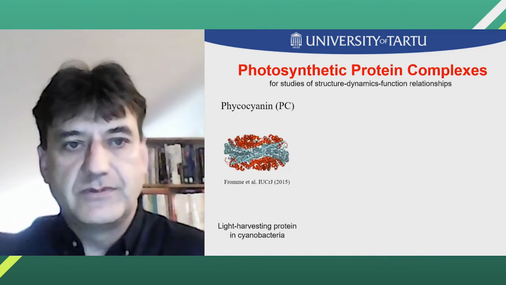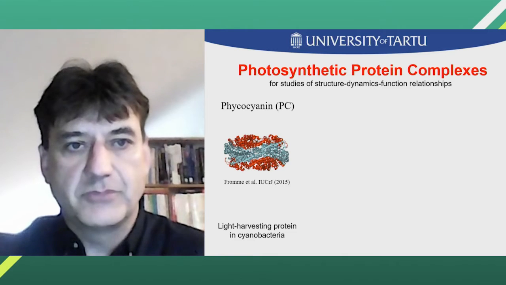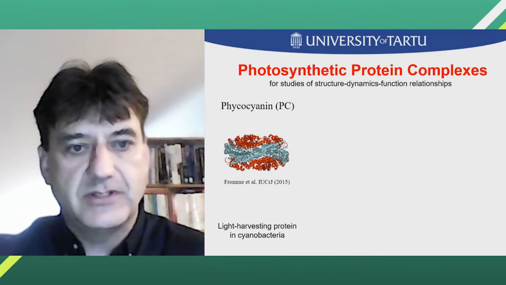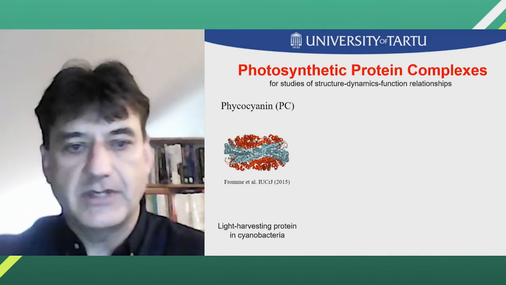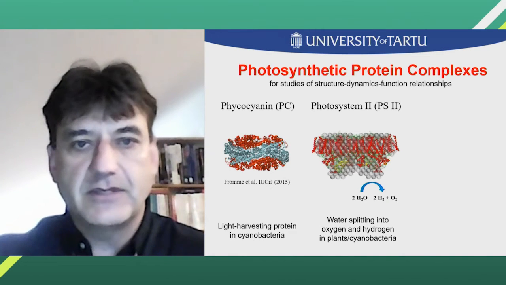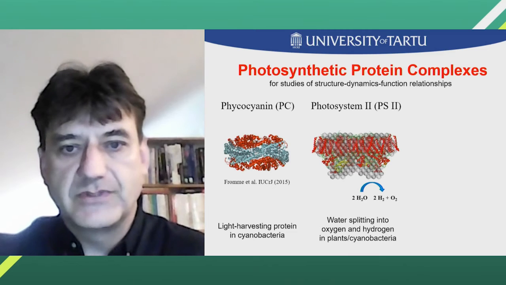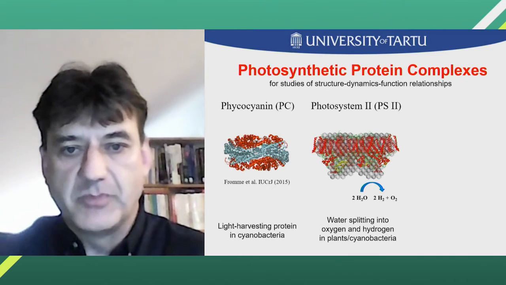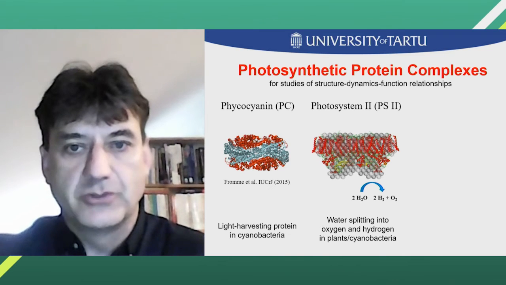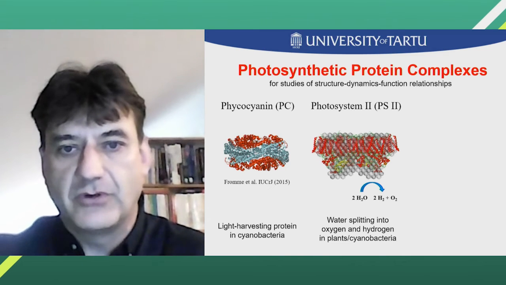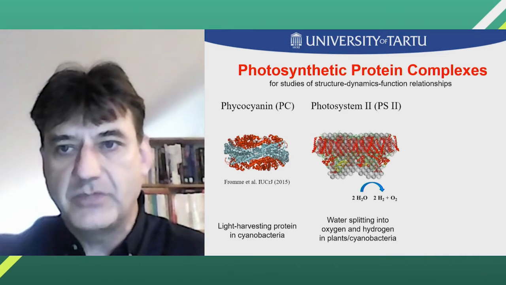To introduce the sample systems to you, the first is a protein called Phycocyanin, this nicely donut-shaped structure that you see here, which is a light-harvesting protein in cyanobacteria. The second is so-called photosystem II, which is capable of splitting water into hydrogen and oxygen. So this protein is responsible for the oxygenic atmosphere that we have.